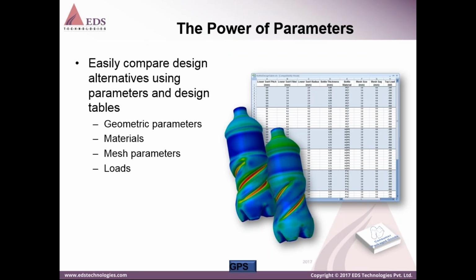The power of parameters. As we know, CATIA has parametric modeling. So there are parametric models with different configurations of designs. It has design tables with different geometric parameters, materials, and maybe mesh parameters and different loads as well.